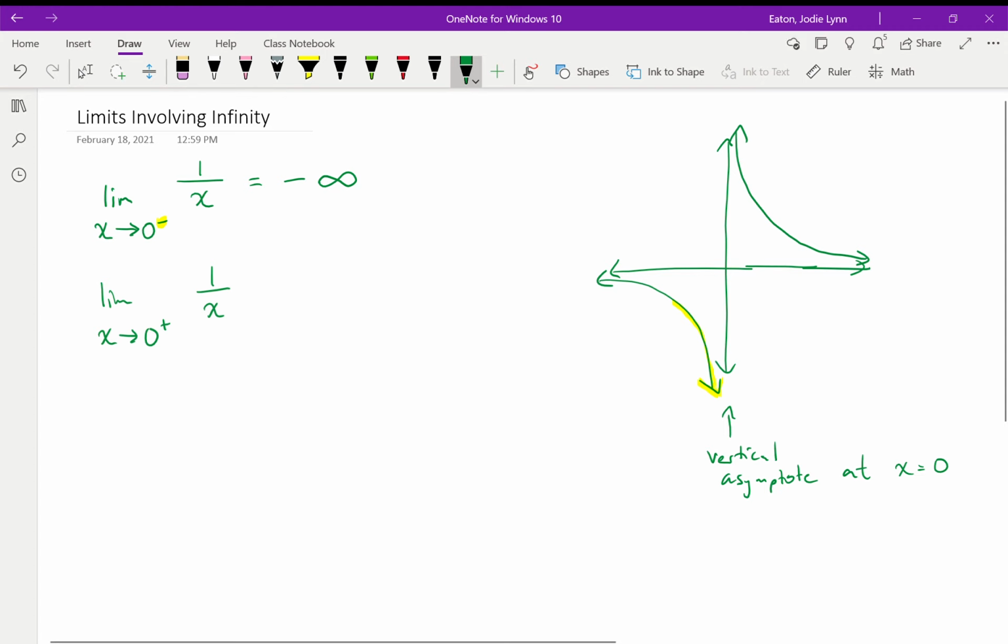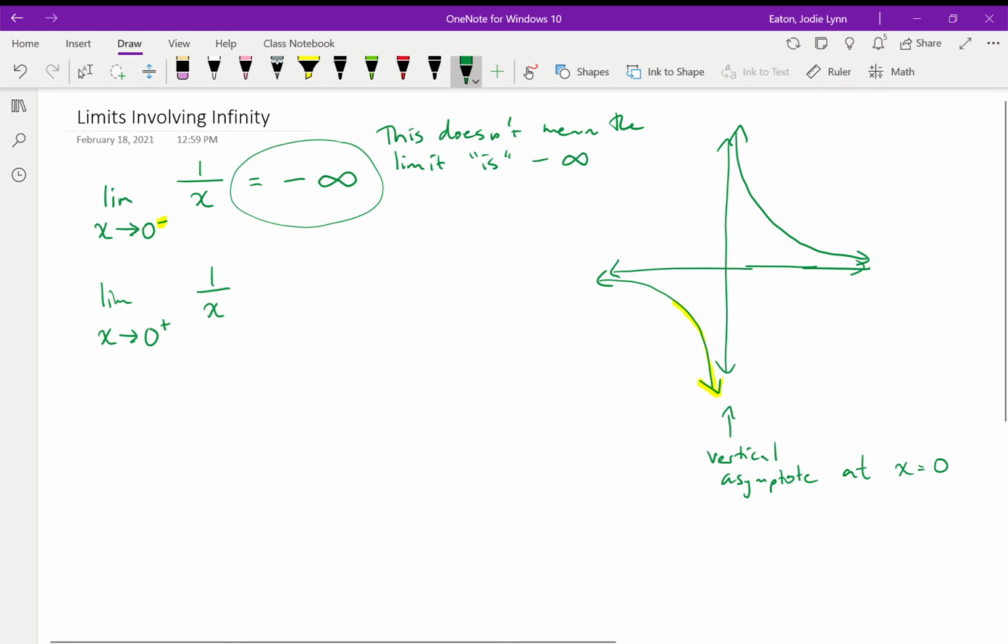Now, we haven't yet looked at a formal definition of limits, and this is not correct as written. If we think of the equals as an equal sign and we think of negative infinity as a number, this is a bit problematic because we can't treat this as being equal. This doesn't mean the limit is negative infinity, because negative infinity is not a number, so nothing can actually be equal to it.